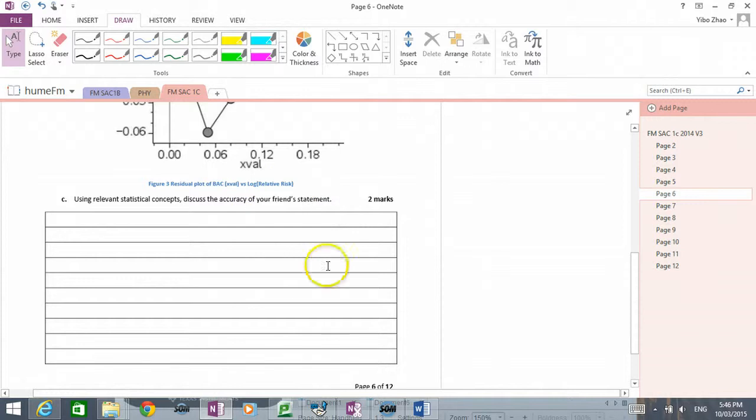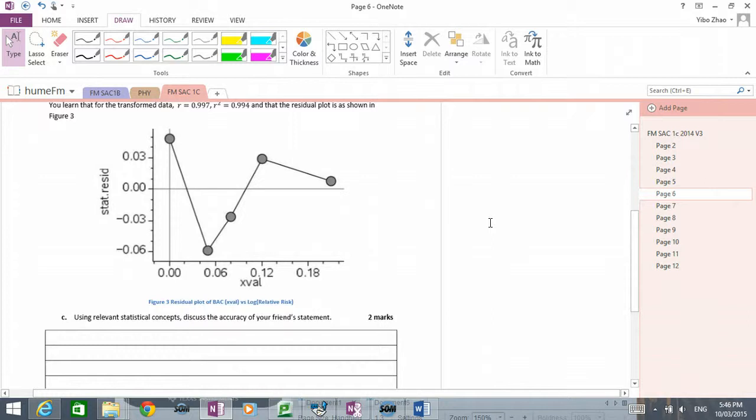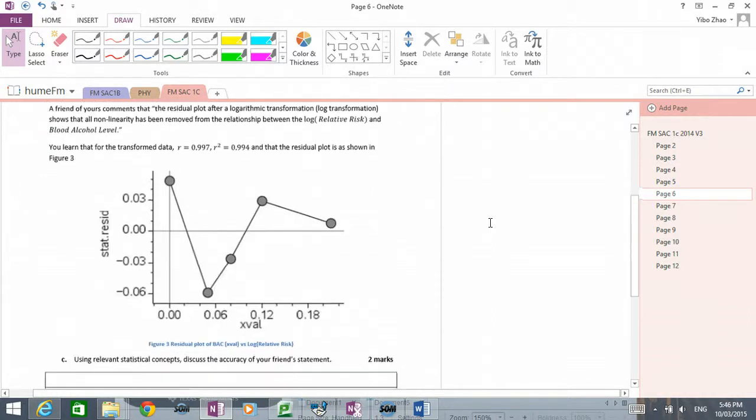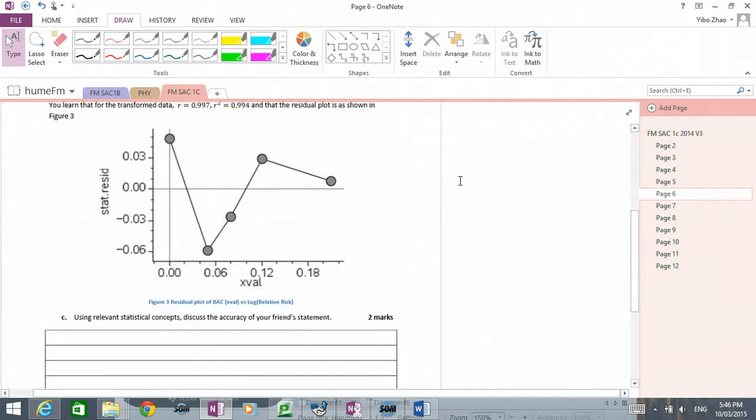Now this is talking about residuals. So it says all the non-linearity has been removed. So we need to mention this.